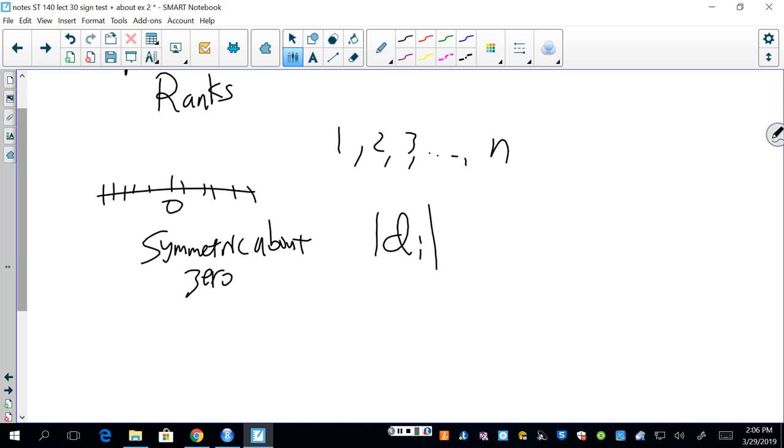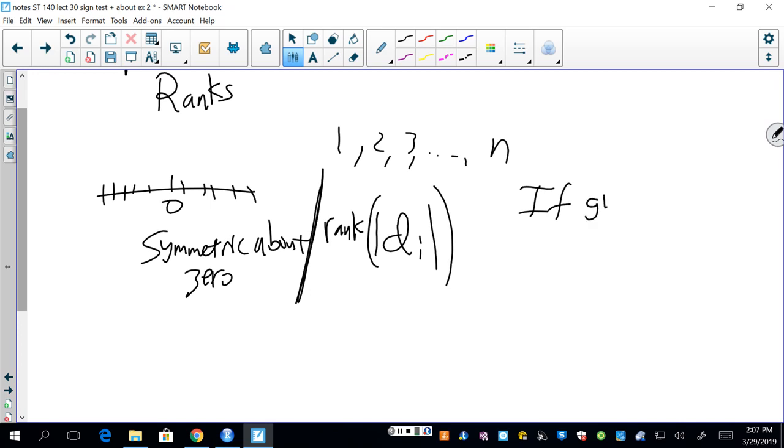And then the idea behind these procedures is you take the ranks of these absolute differences here. So you fold them over and then rank them. Some are close to 0, so they're going to be all small ranks. The ones that are out in the tails are going to be big ranks.